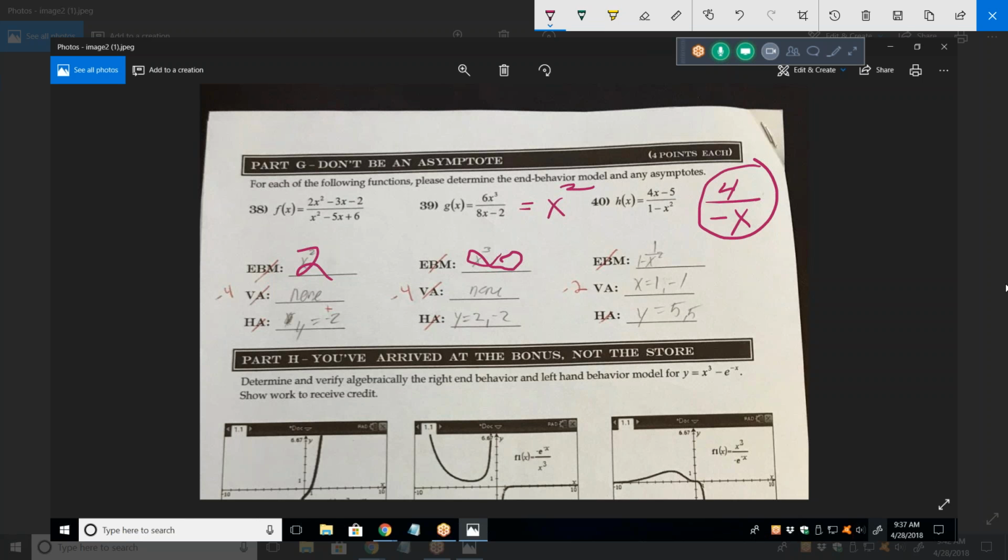Notice that if x is 1,000,000, we have 4 millions. If x is 1,000,000,000, we have 4 billions. If x approaches infinity in the denominator only, then that goes to 0. And it doesn't matter whether it's going to negative infinity or positive infinity. It's still going to 0. So again, we only need one answer for end behavior.